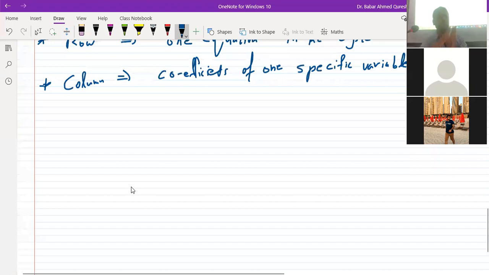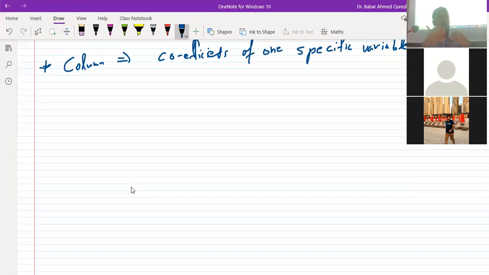Now, if you are given a system, as we saw, you can do some allowed operations and change it into some other system of equations, which looks different although it's equivalent to the first one.